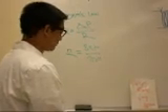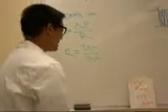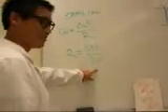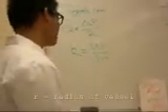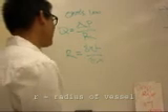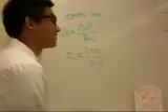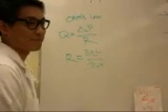Pi is a constant. R is the radius of a vessel.